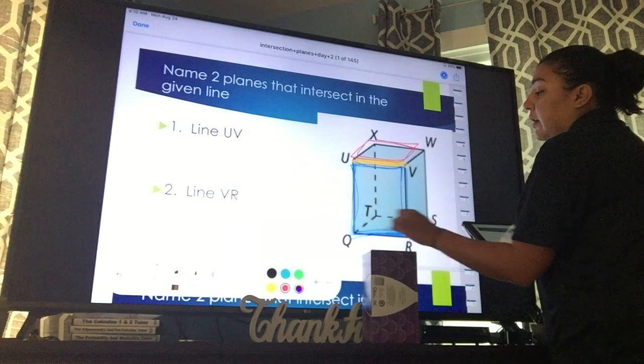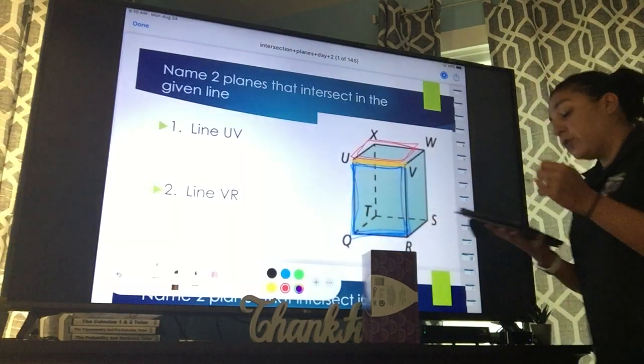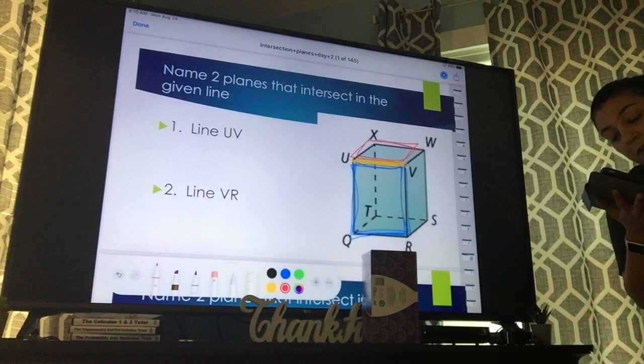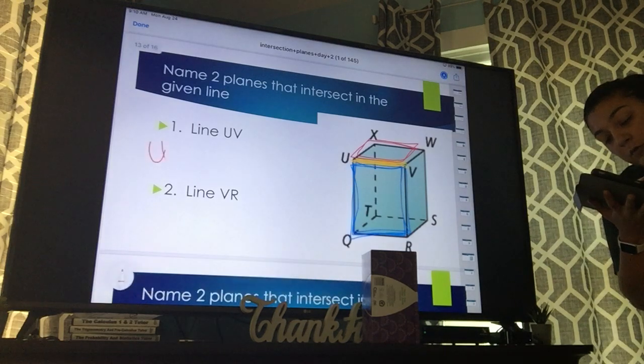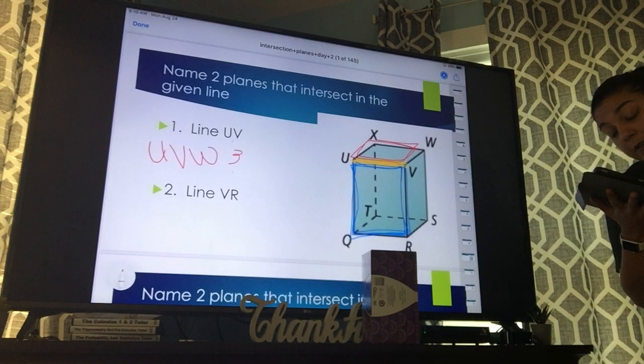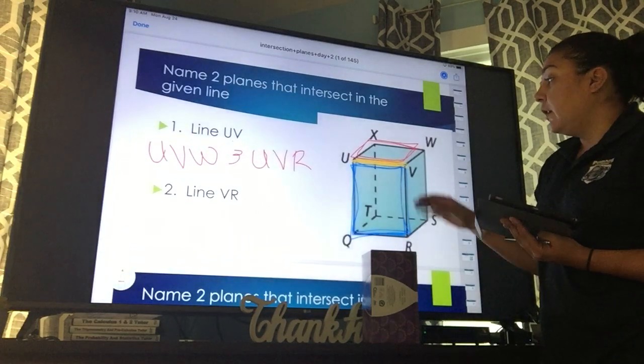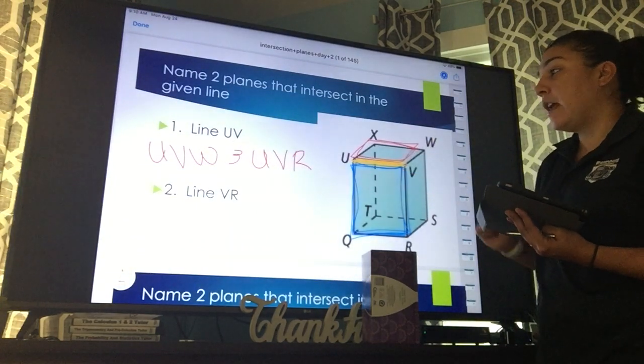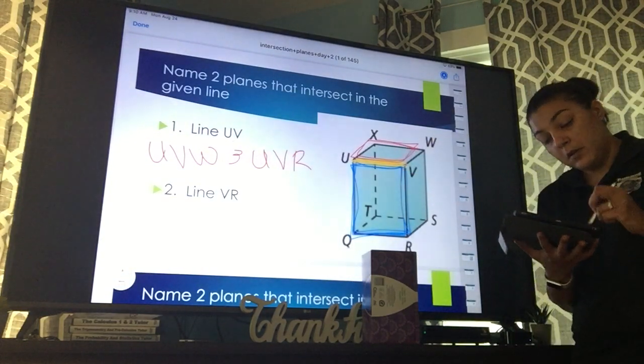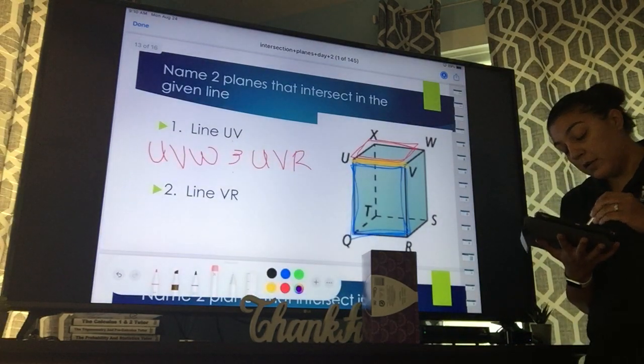Okay, but if you want to name them all 4, you totally can. So I'm going to say UVW, and the plane that's touching is going to be UVR. Okay, those 2 planes are touching that line.